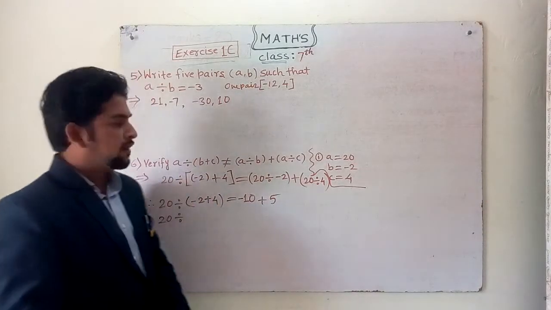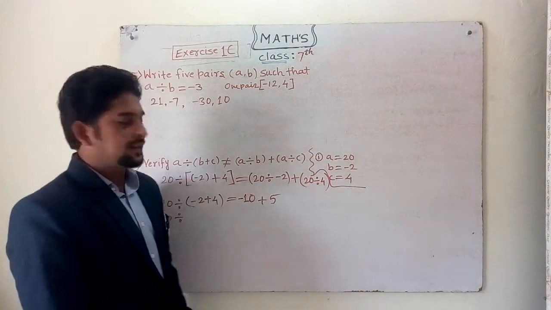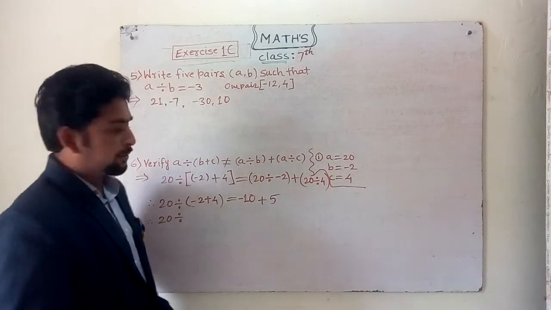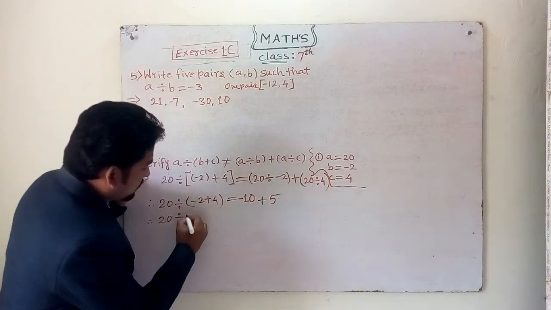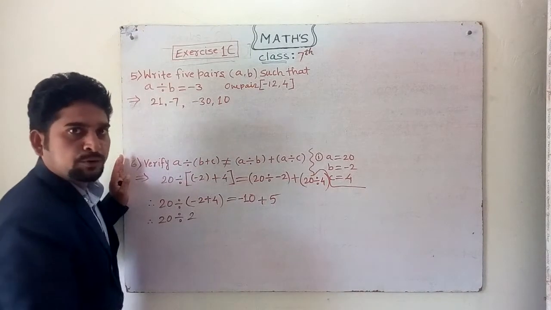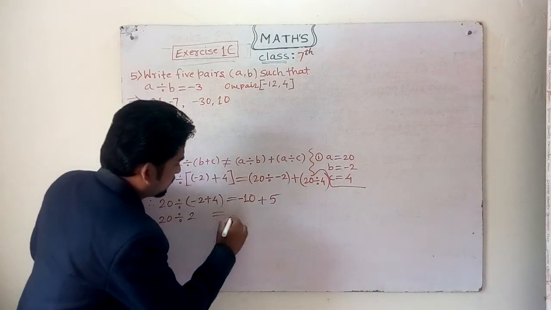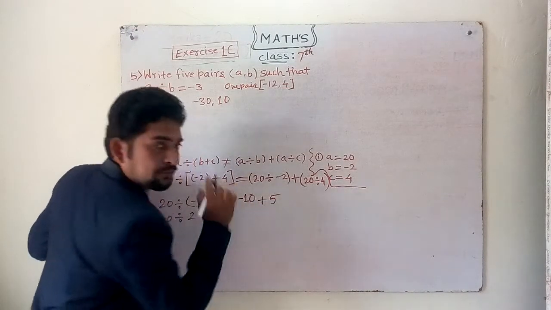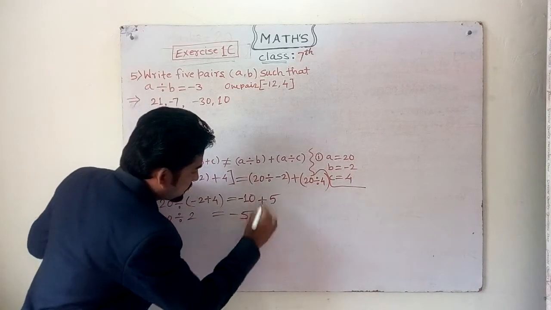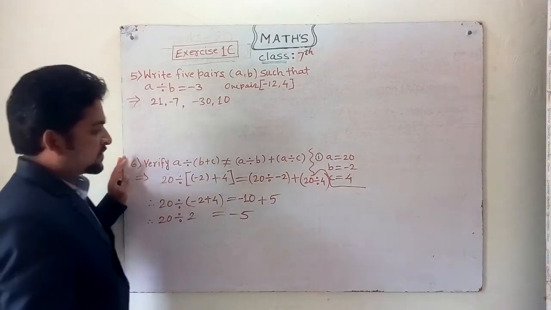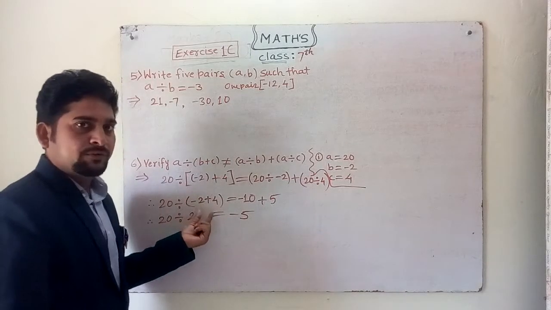In basics we saw, every time I am saying about basics, so it's very important. -2 plus 4, the answer will be 2 only, no need to explain, is equal to -10 plus 5. The answer is -5. Here also no need to explain: signs are different, so we have to subtract.